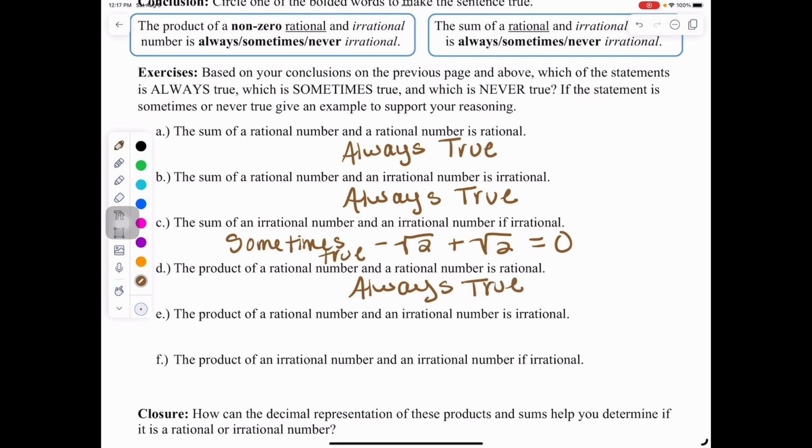E, the product of a rational number and an irrational number is irrational. So this is product mixing, which is in investigation 3, the table on the left. And so here we got always.